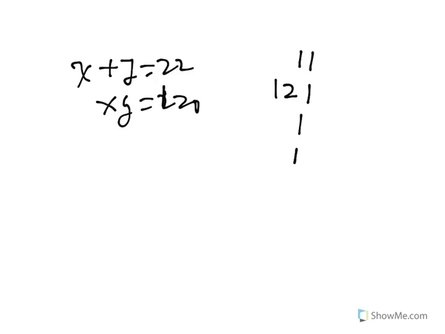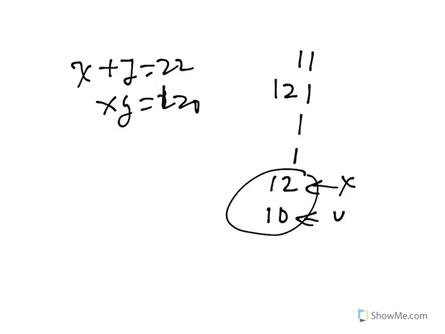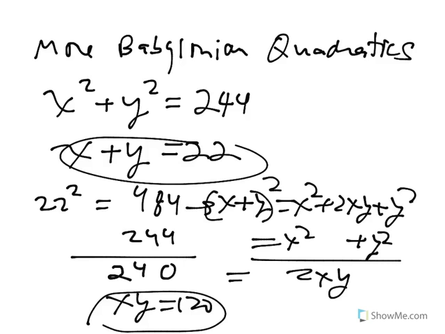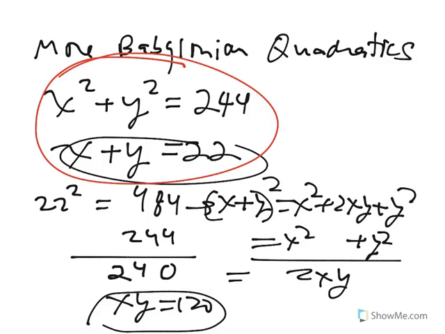And 11 plus 1 is 12, and 11 minus 1 is 10. Those are going to be the two numbers for x and y. So what started out with an unusual piece of given information eventually turned into this.